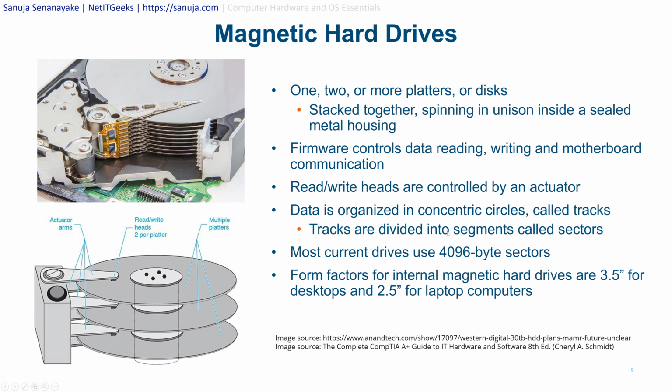Data is organized in concentric circles called tracks, and tracks are divided into segments called sectors. Most current drives use 4096 byte sectors. Sectors are small pieces that the platter is broken into, and data is written into different sectors.